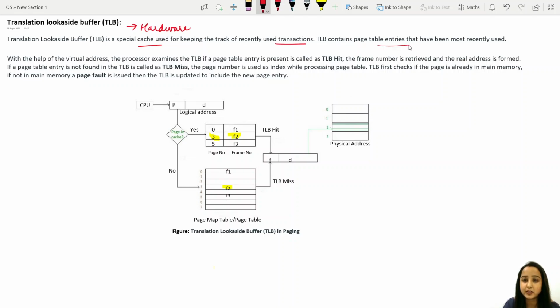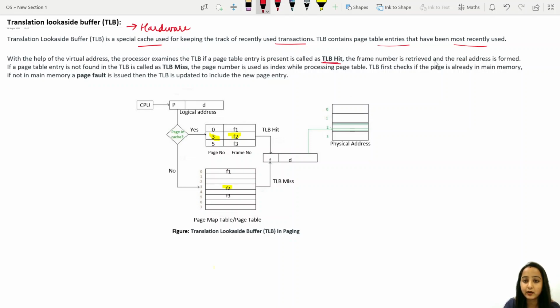TLB contains the page table entries that have been most recently used. I told you that paging is taking more time, so that's why we have placed one special cache, that is hardware, that contains the most recently used translations. With the help of the virtual address, the processor examines the TLB. If the page entry is present, that is called a TLB hit.